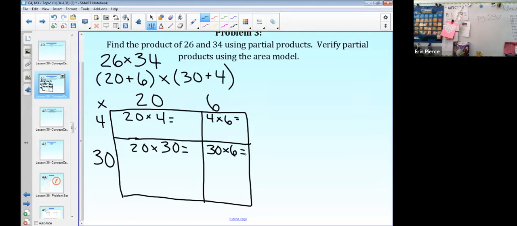All righty, 20 times 4. Let's start off there. 20 times 4.